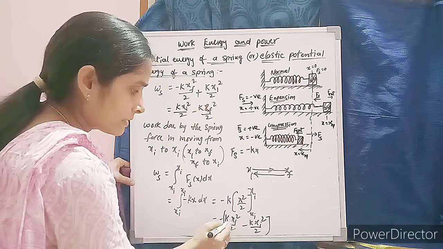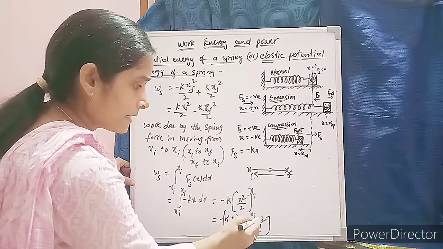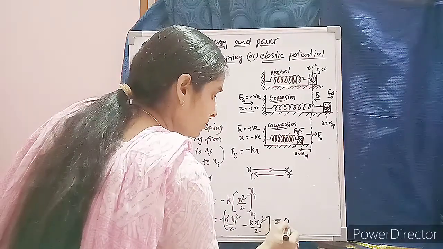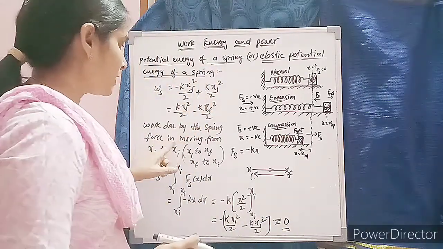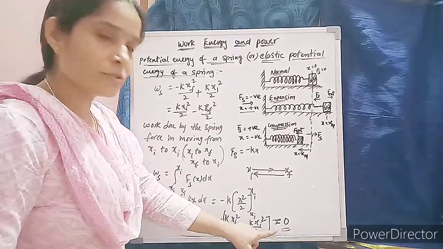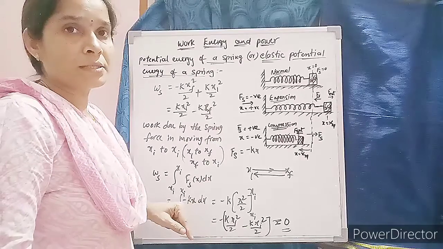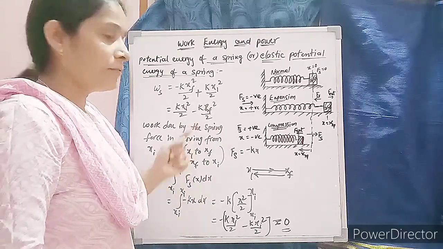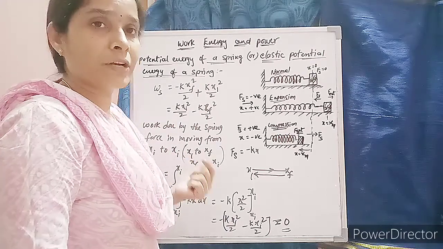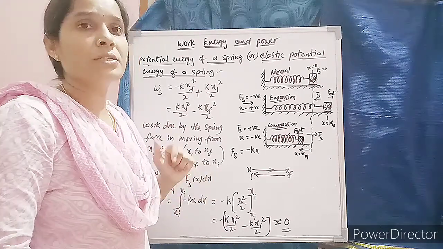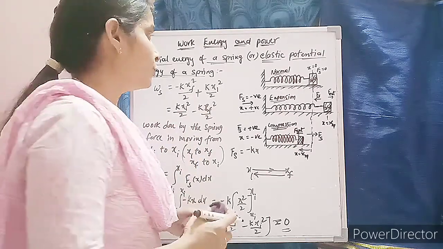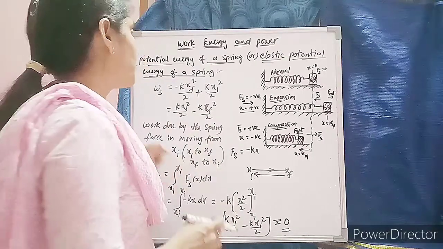So here plus k xi square by 2 minus k xi square by 2 cancel and it gives 0. The work done by the spring force in moving from xi to xi is 0. So in the cyclic process or cyclic path, the work done by the spring force is 0. Where it is 0, that means the work done by the force around the cyclic path is 0, and that force we take as the conservative force. Now the spring force is a conservative force.